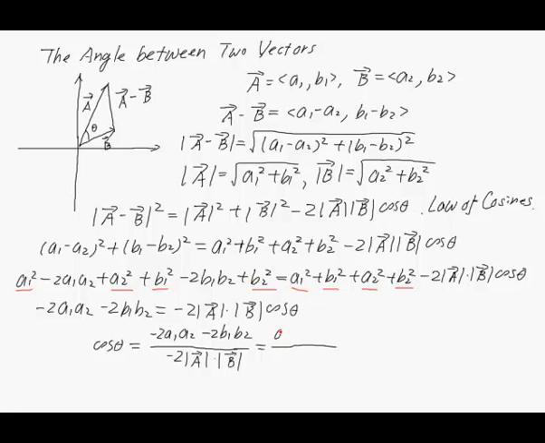And we get a1 a2 plus b1 b2 over the magnitude of a times the magnitude of b. Now, look at this. What is this?